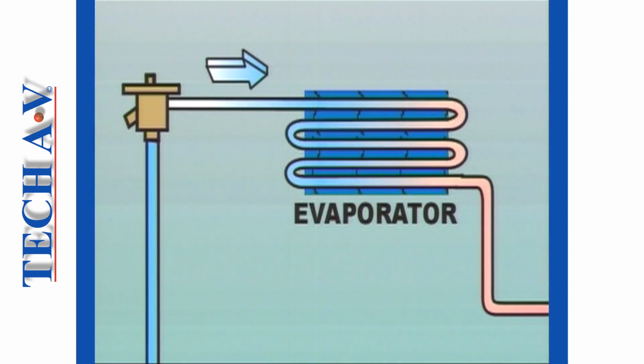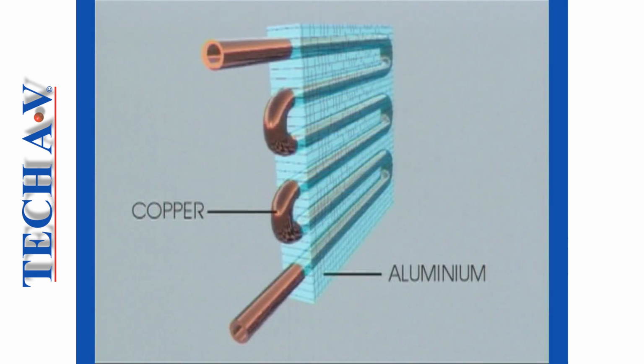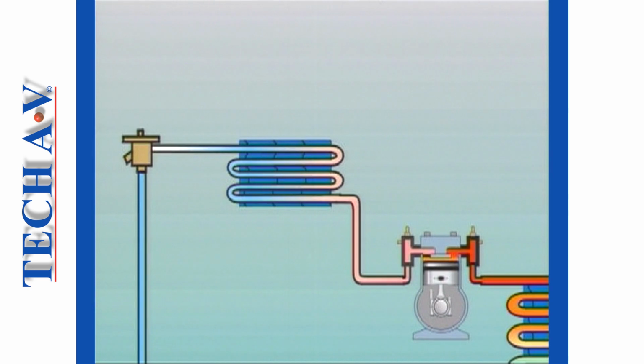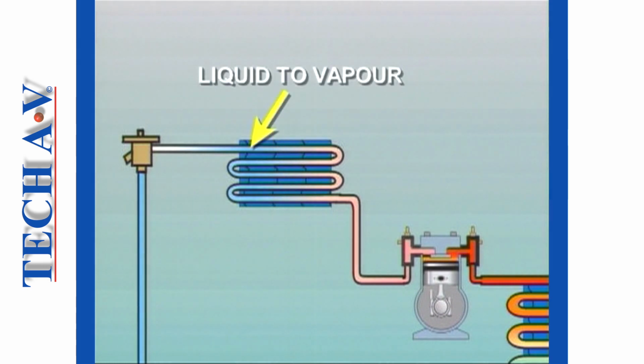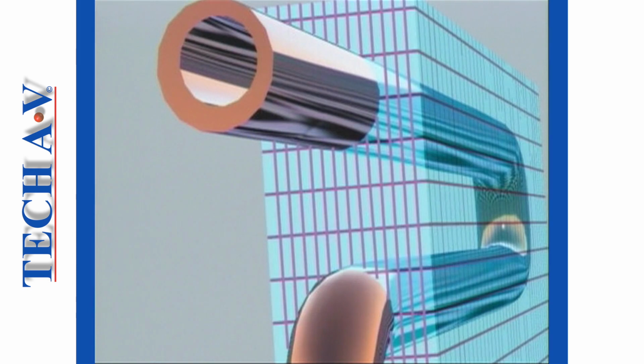The evaporator, like a condenser, is a coil of copper tubing to which aluminium fins are attached. However, unlike the condenser, there is a low pressure created inside an evaporator caused by the suction action of the compressor. Lowering of pressure means that the liquid's saturation temperature drops and rapid boiling, which is a change of state into vapor, starts to occur.